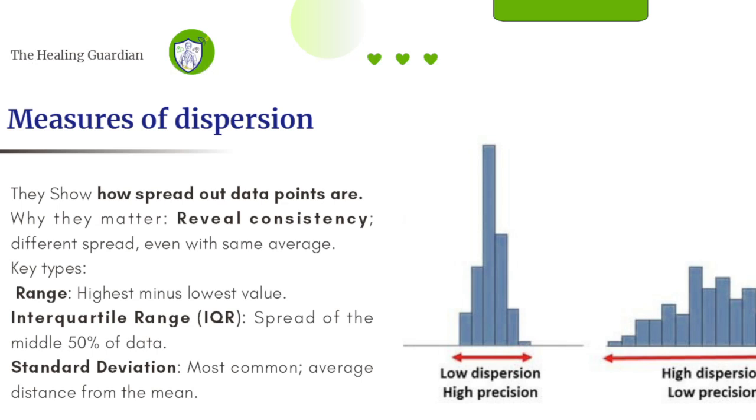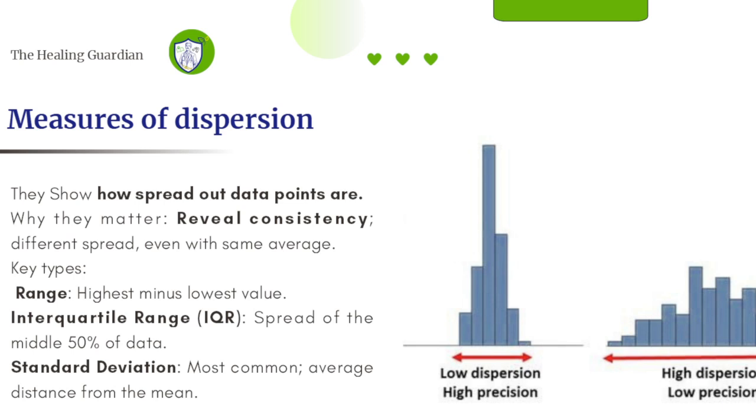Measures of dispersion, they show how spread out data points are. They are important because they reveal consistency, different spread, even with the same average. There are some data sets which have the same average, but it does not mean that they have the same dispersion.